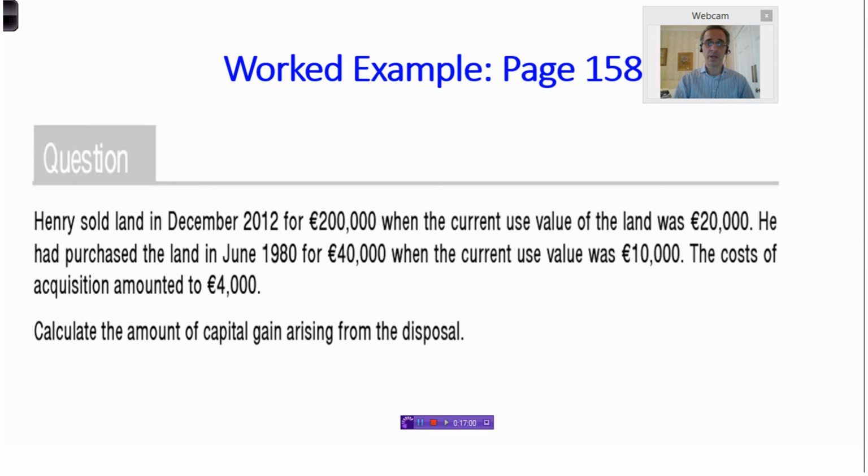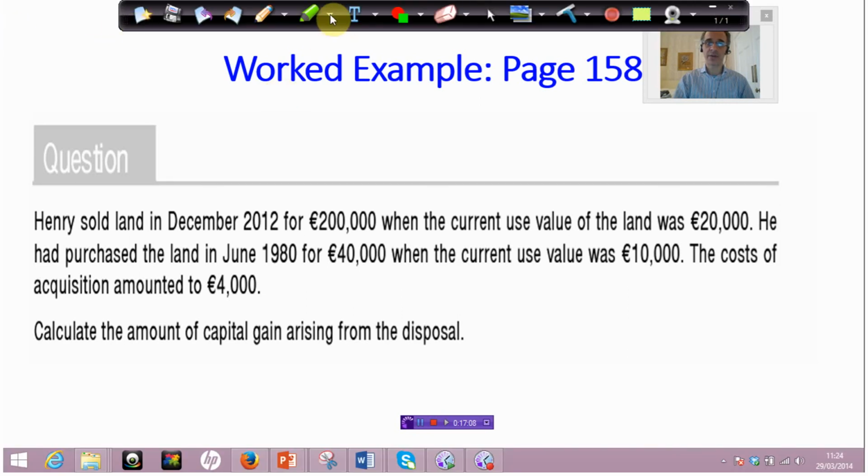So what we'll also see, aside from the increased proceeds as a result of there being a development value element within the transaction, is that when Henry originally purchased the asset, the land concerned, again there was a difference between the current use value of 10, and the increased value of 40,000.